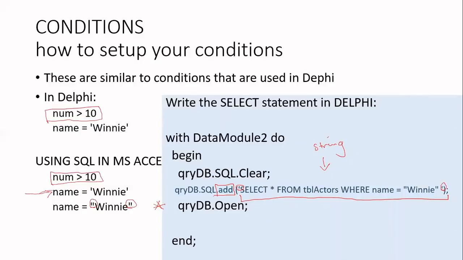So if we're using single quotes for the parameter, then we need to distinguish between the quotes that are used in the parameter and the quotes that are used when we are referring to our string. So to differentiate the two in Delphi, we're going to make use of double quotes. So just take note of that. In subsequent slides, every time I refer to a string in the where clause, I will enclose it inside of double quotes, and you should understand the reasoning why this is being done.